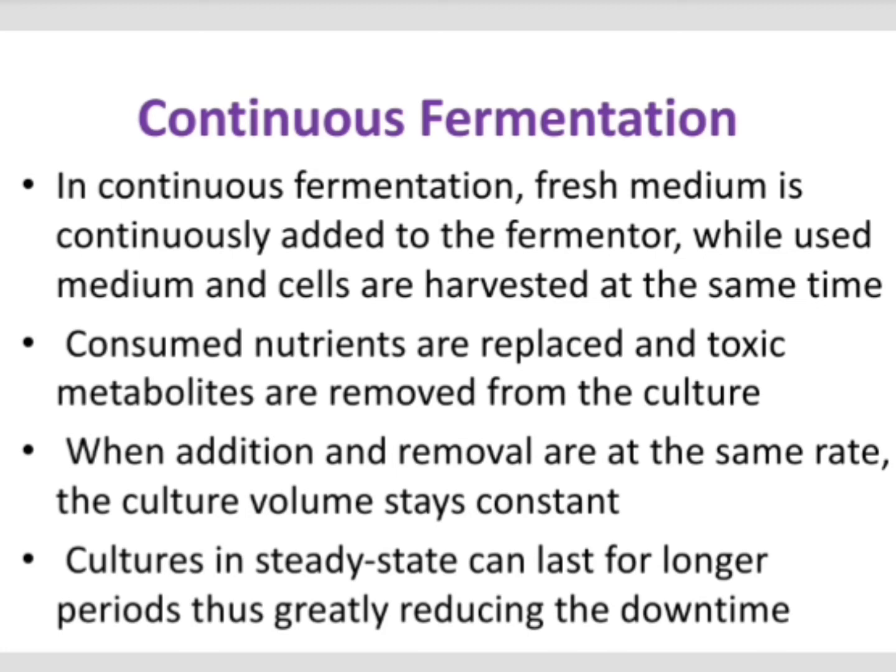And we are adding and removing the materials at the same rate, so the culture volume stays constant. Inside the bioreactor, the culture volume always remains constant, because we are adding as well as removing at the same rate. And as the cultures are in a steady state, it can last for a longer time, thus greatly reducing the downtime.